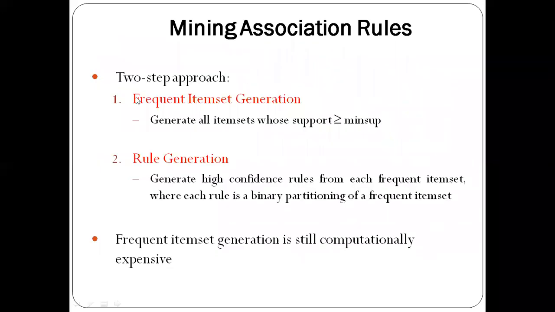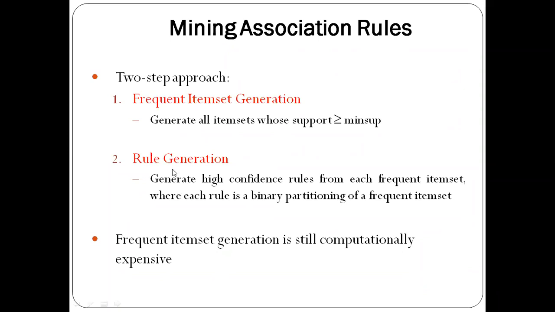That is what we will be doing in the first step, frequent item set generation. We will be generating all the item sets that satisfy the minimum support value. So if the calculated support is greater than or equal to the minimum support, then it will be considered as a frequent item set. That is the first step we will be following in the association rule mining problem.